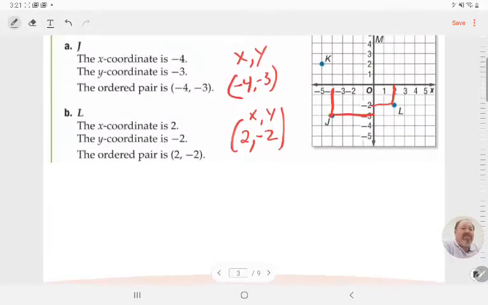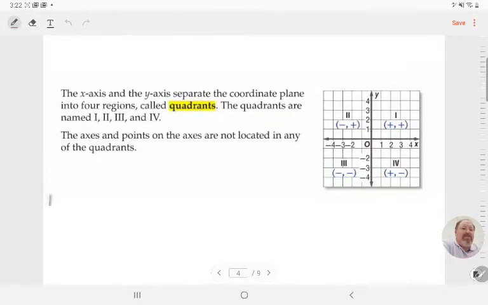Okay, axis. So the x-axis and the y-axis separate the coordinate plane into 4 regions. Okay, they're called quadrants. The quadrants are named 1, 2, 3, and 4. The axis and points on the axis are not located in any of the 4 quadrants. So for example, if I have a point at 3, 4, it would be here, in quadrant 1.